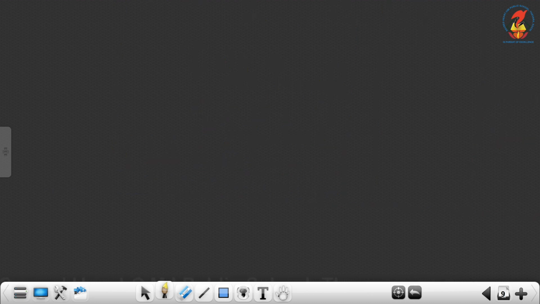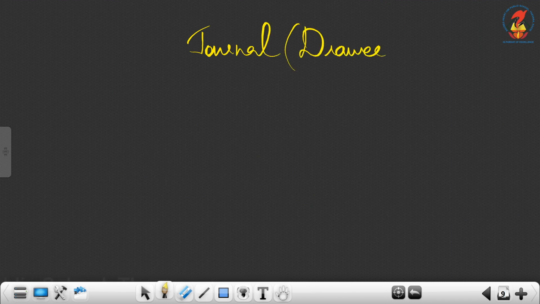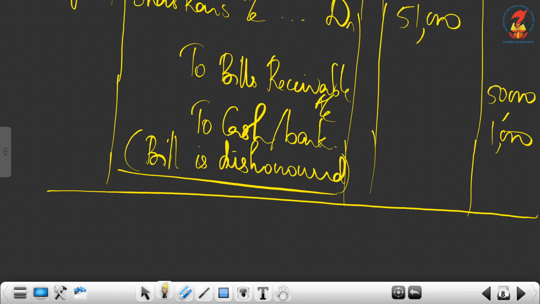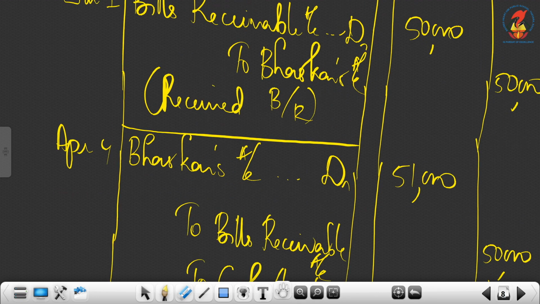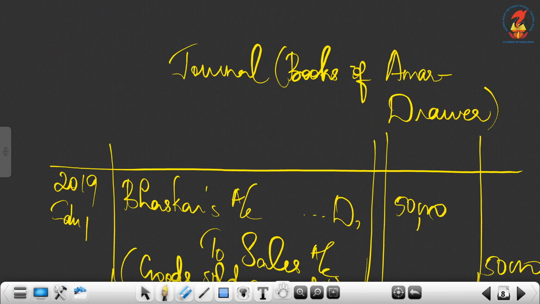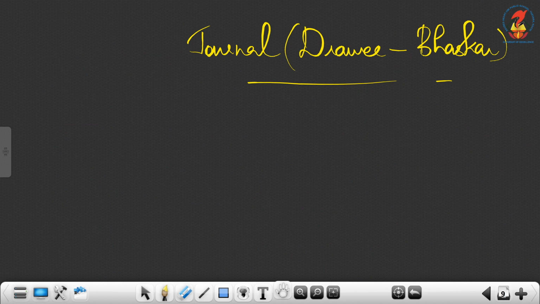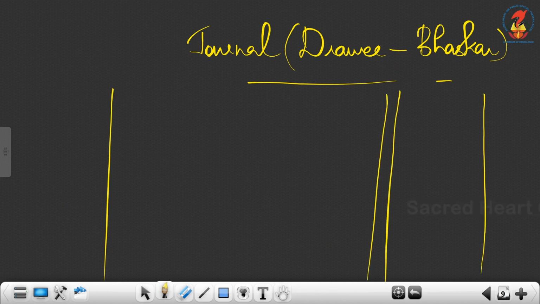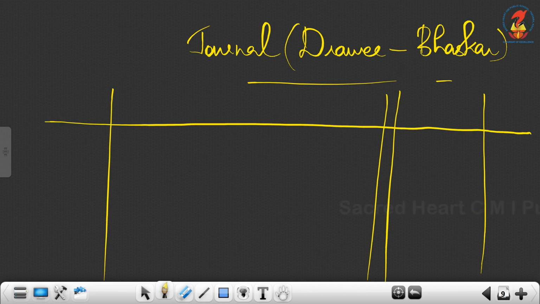The next is journal. We are going to write in drawee's books, that is Bhaskar. Did we write drawer's name here? Yes. Draw columns and write column headings also.